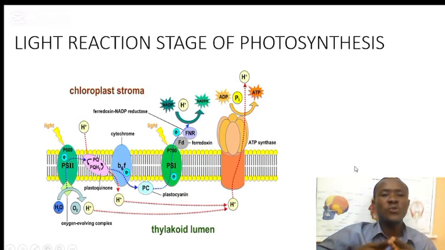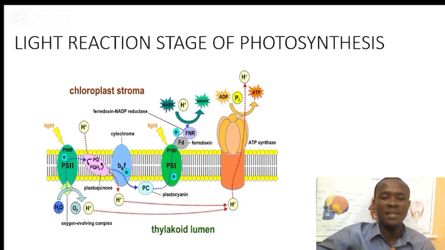Now let's talk about the stages of photosynthesis. We have two main stages: the light reaction stage and the dark reaction stage.